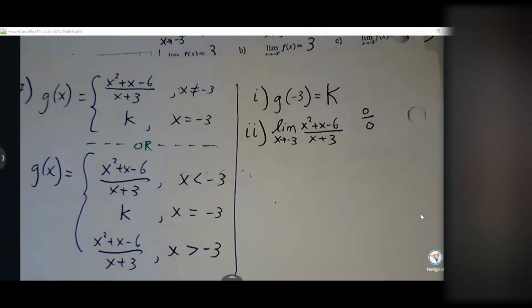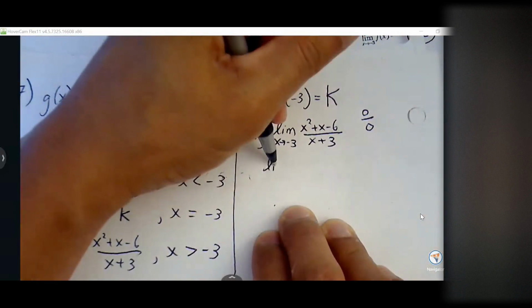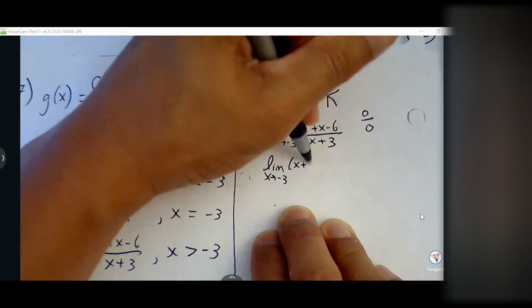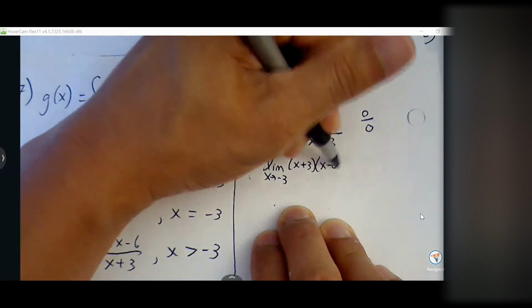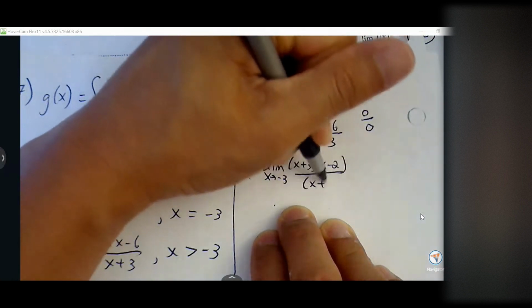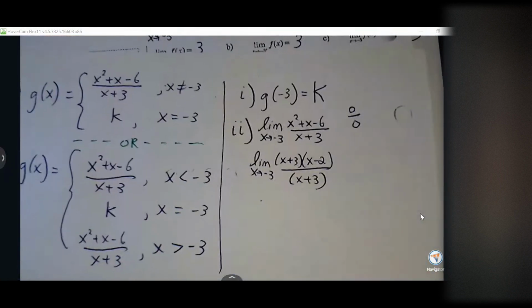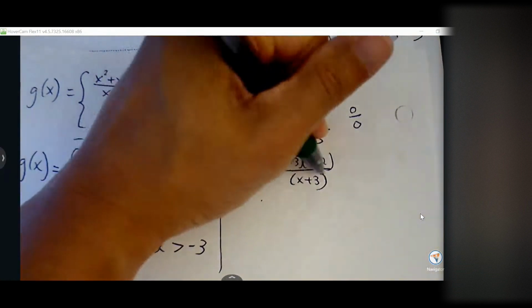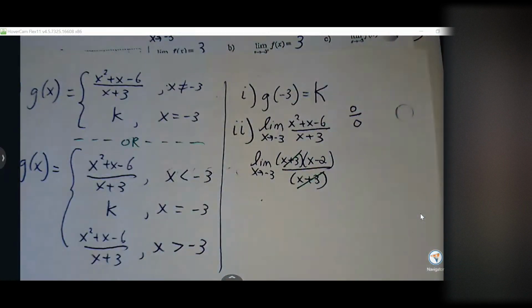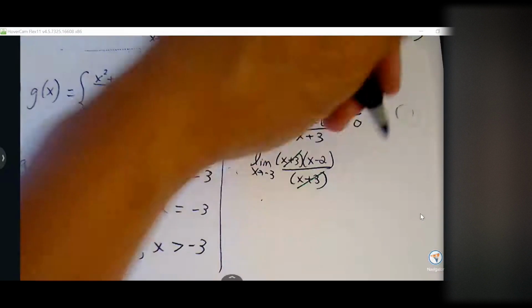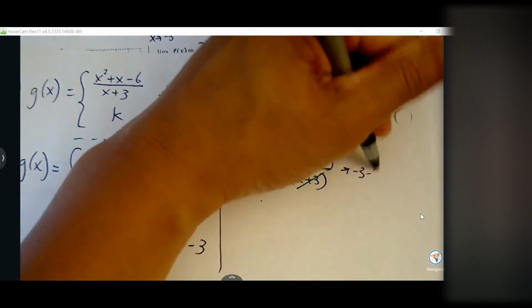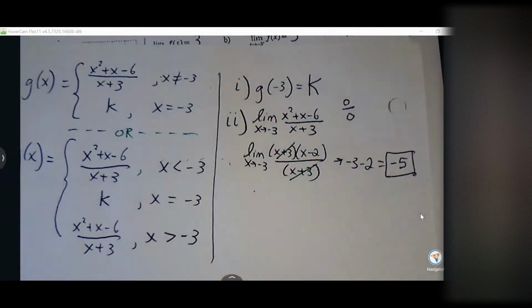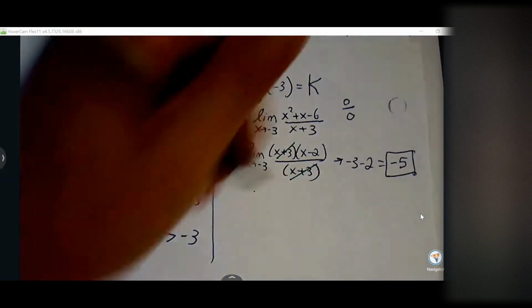If we just factor and reduce, we can find it. Reduce, reduce, reevaluate. The limit exists, so we keep going.